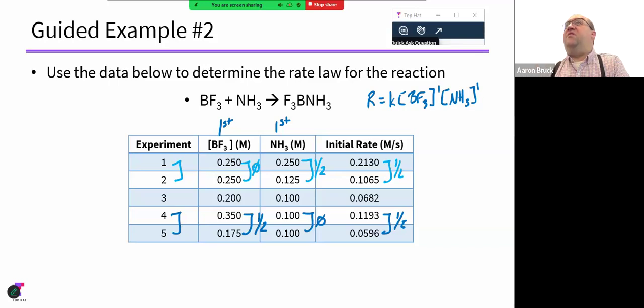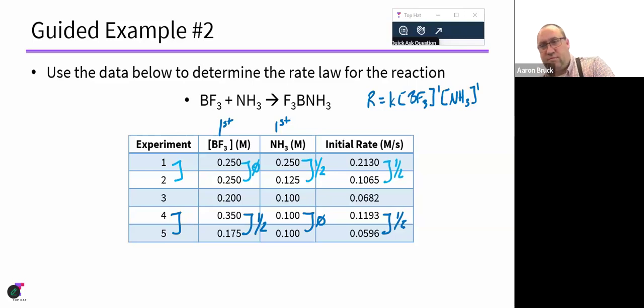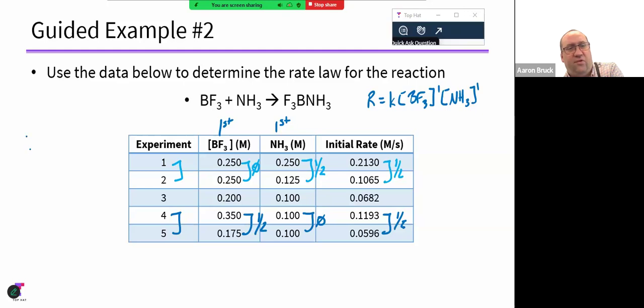Now, can we take this one step further? Yes, we can find the value of the rate constant as well. The value of the rate constant, doing a little bit of quick algebra, would be equal to the rate over the concentration of BF3 to the first and ammonia to the first.